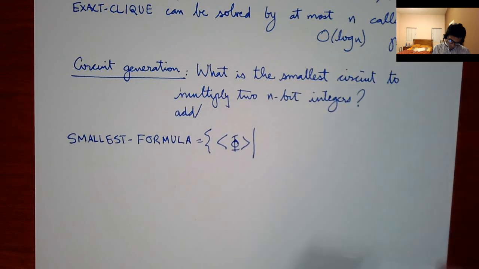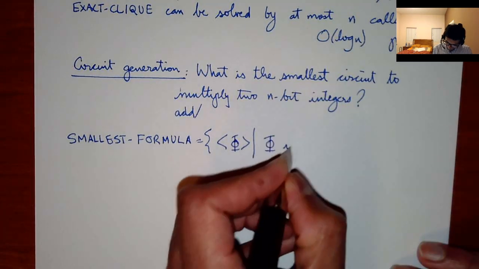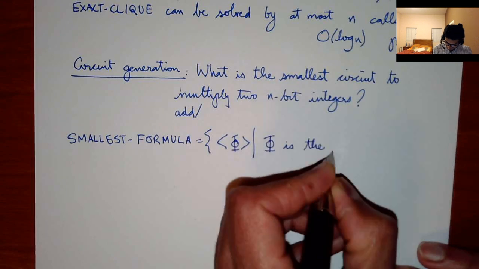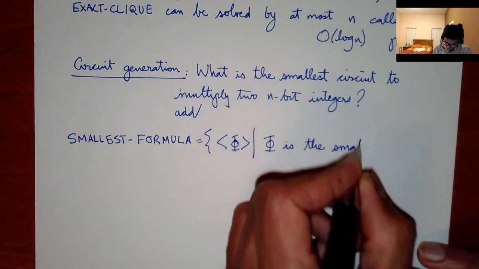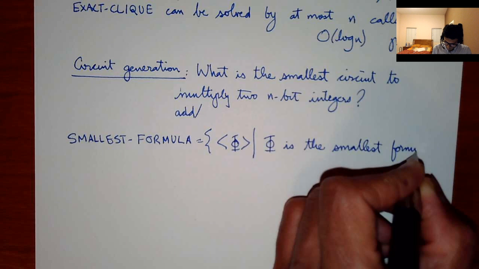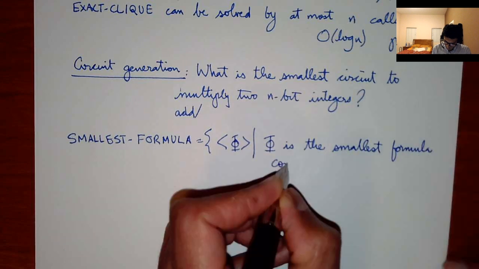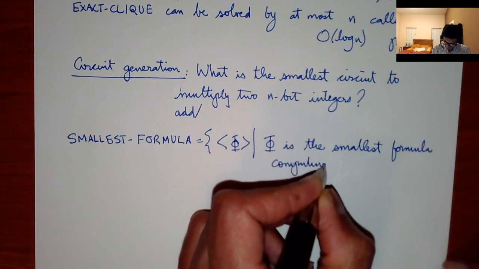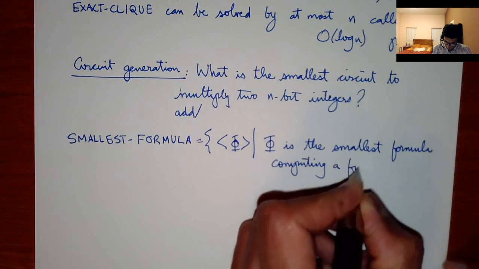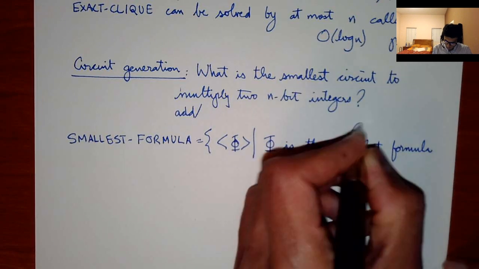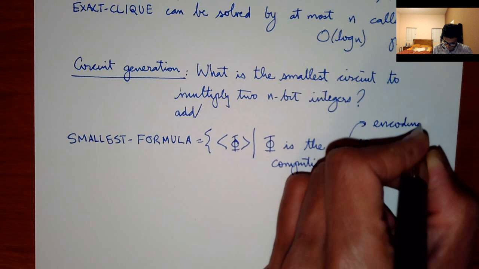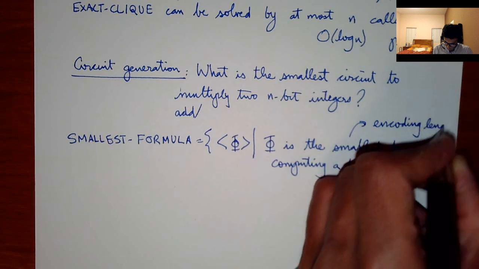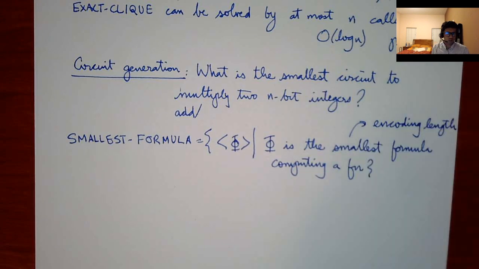So what this means is phi is the smallest formula computing a function, and the smallest is just by encoding size or encoding length, right? Whatever that encoding length is. So we've encoded it in some way. This is the smallest formula.